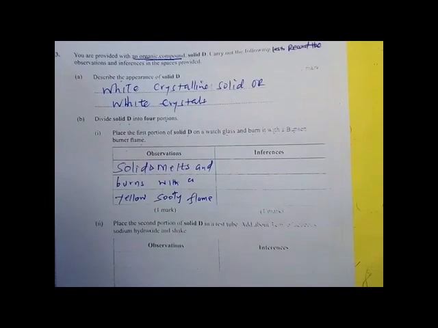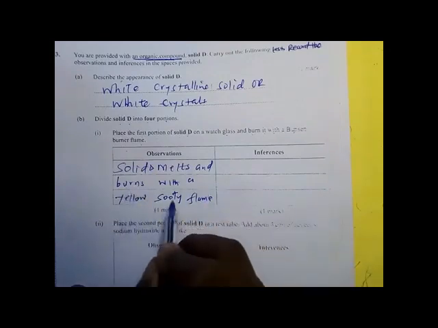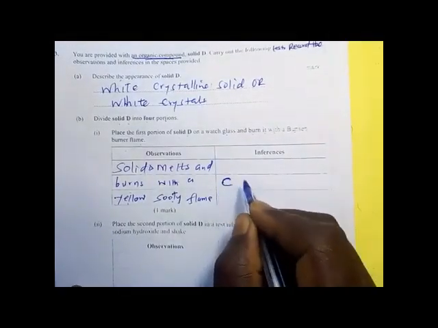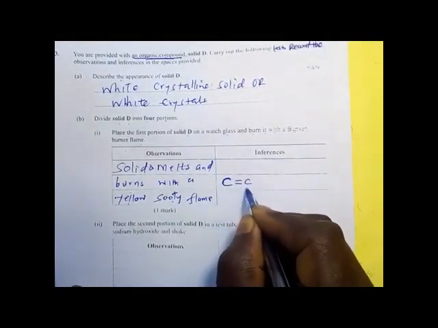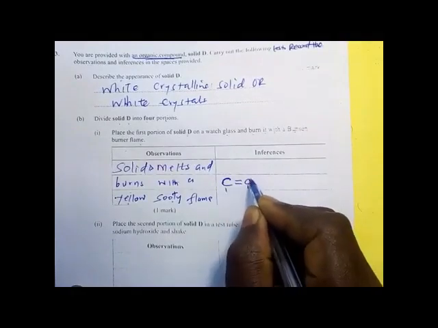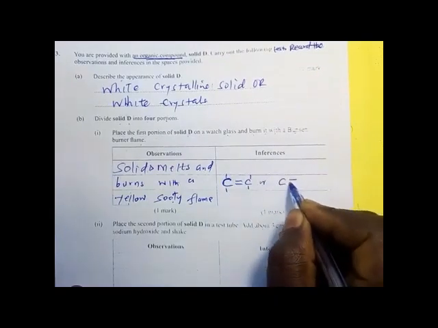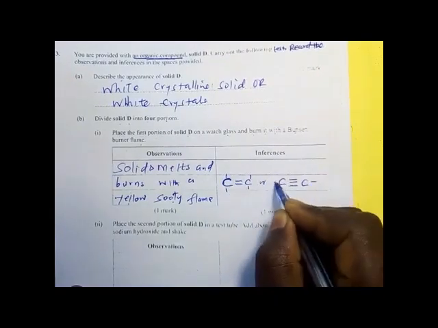Now we want to know whether it is a saturated organic compound or unsaturated. If it burns like this with a sooty yellow flame, then that tells you it is unsaturated, the double bond or the triple bond present.